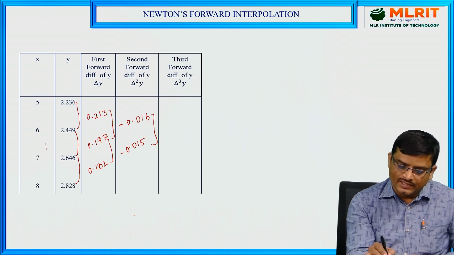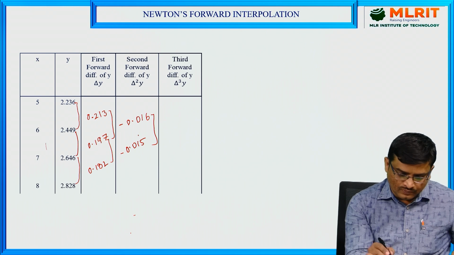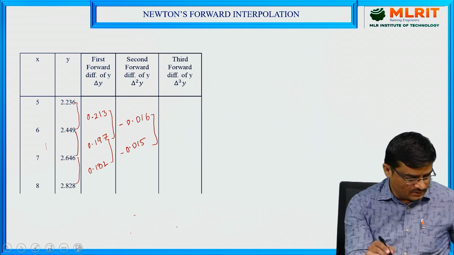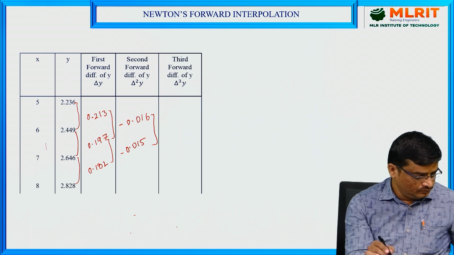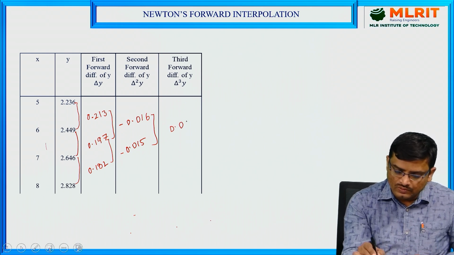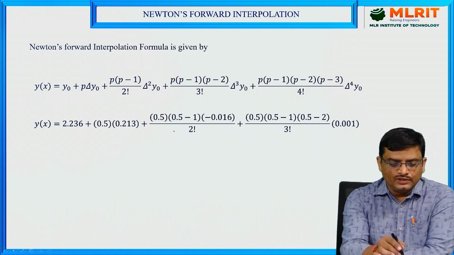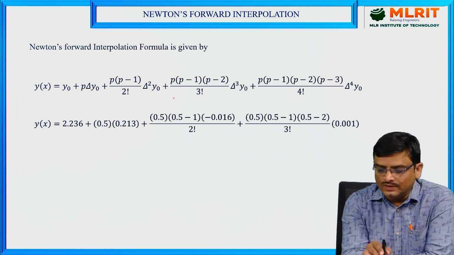Next take the differences of these: minus 0.015 minus minus 0.016, minus of minus becomes plus, so you will get 0.001. So this is our Newton's forward interpolation table.